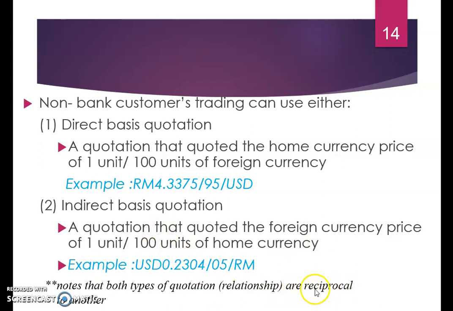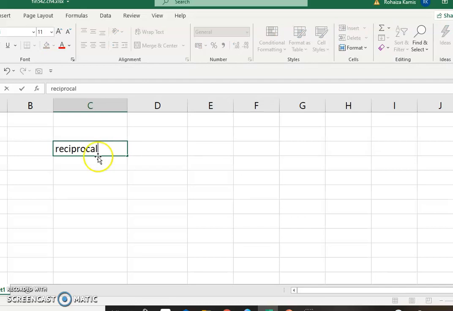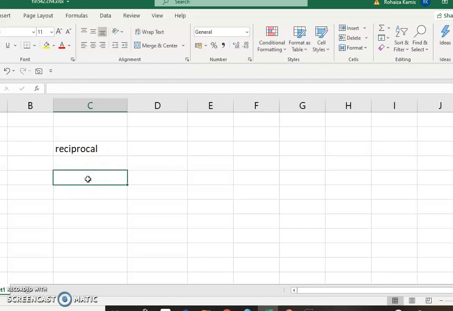How are we going to do a reciprocal? You look at the direct basis quotation, we start with 4.3375, 4.3395. So how do I change it to USD, this one and this one? Now I'm going to do a reciprocal process, from a direct quotation to an indirect quotation, or from an indirect quotation to a direct quotation.